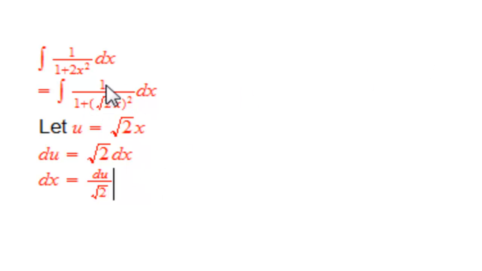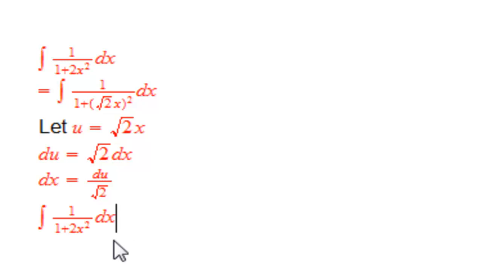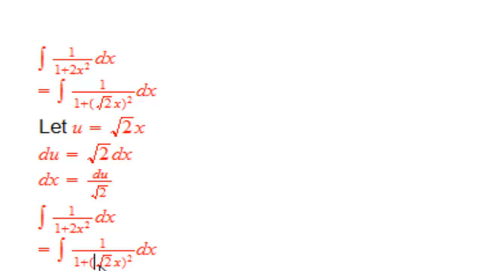Okay, so if I plug back into my integral, this integral equals... I'm going to replace the square root of 2 times x with u. And then the dx will become du over the square root of 2.